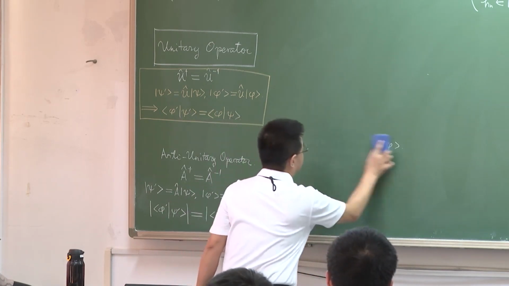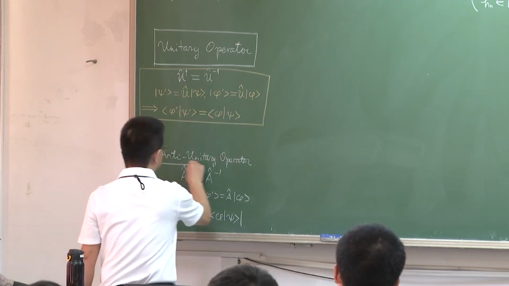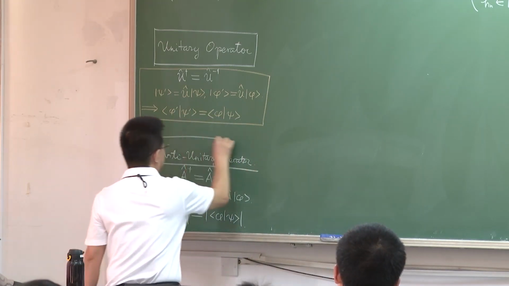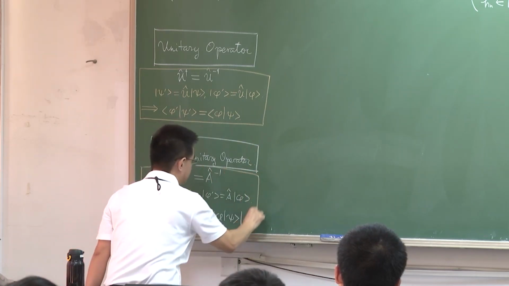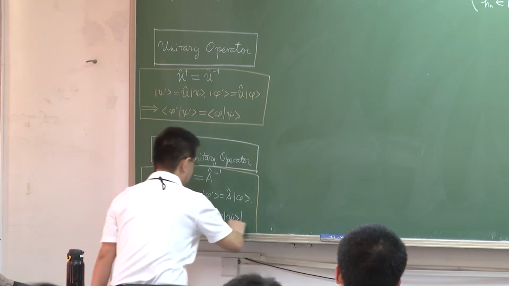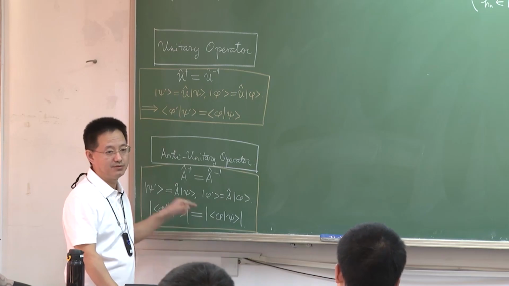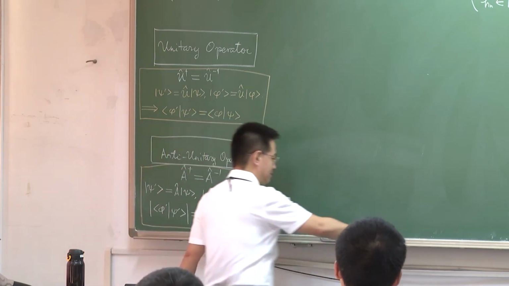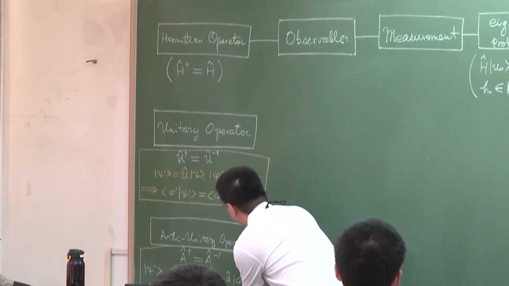Okay, so that is the anti-unitary operator. This is a very special thing in quantum mechanics, and we have only one example for this. So that's not very frequently used stuff.